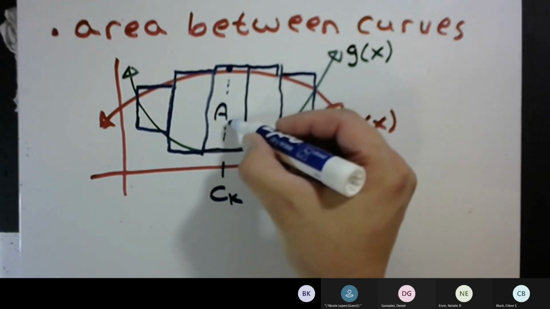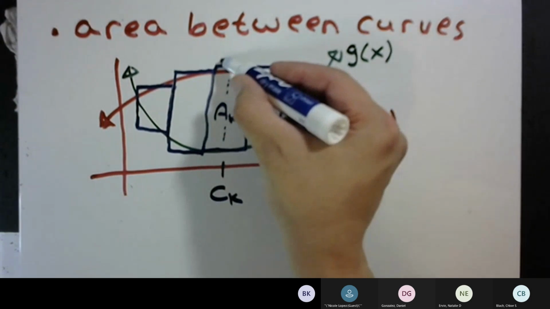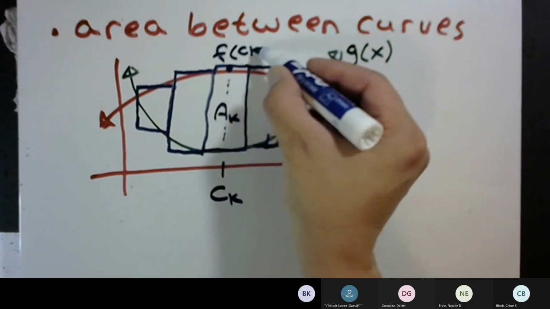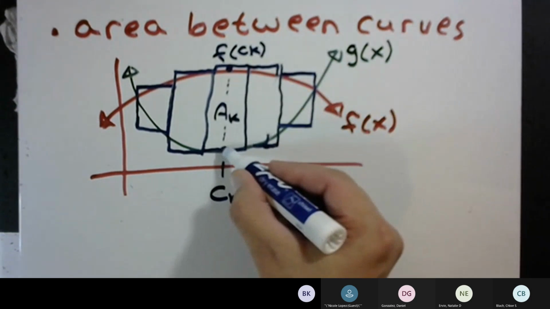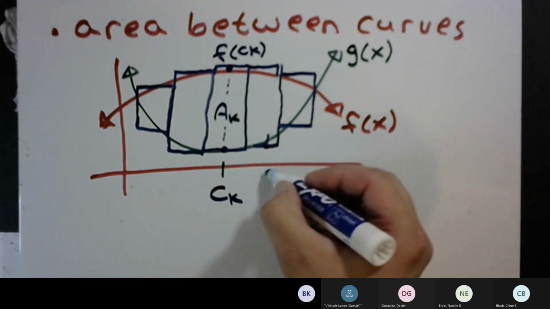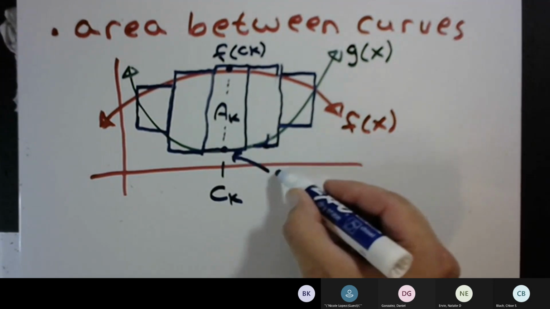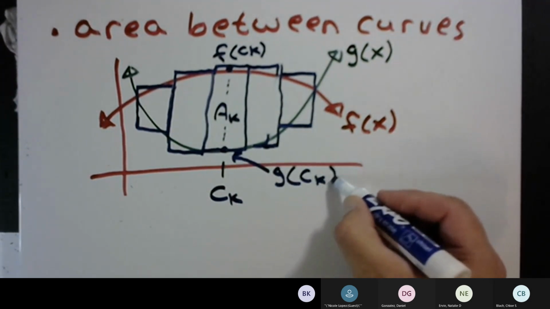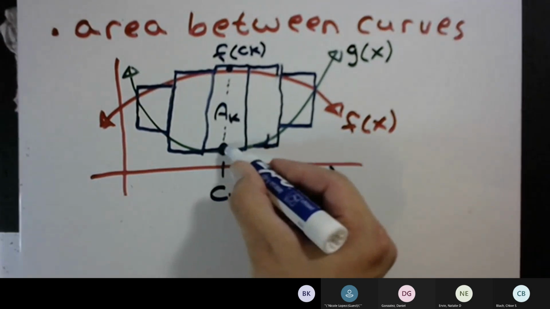This is going to be an area A sub k. Here's f of ck. Now down here, squeeze that in. That's going to be g of ck. Point there.